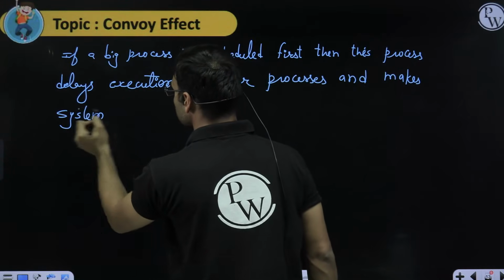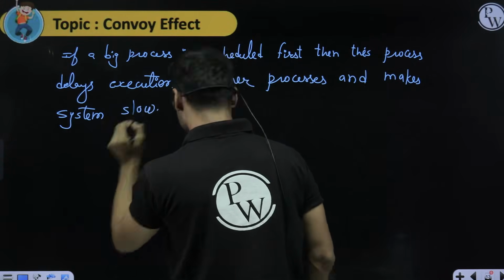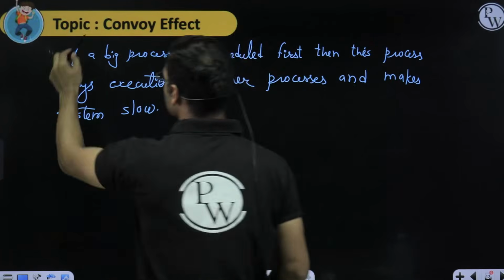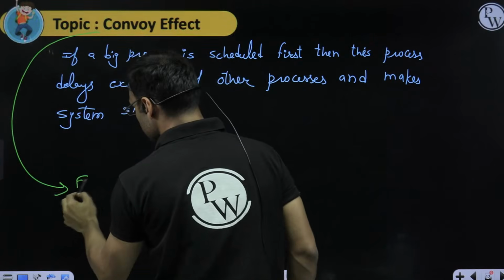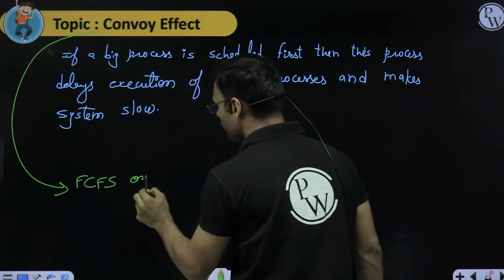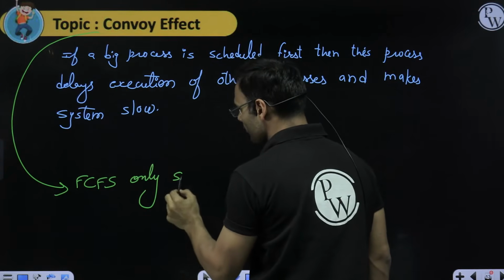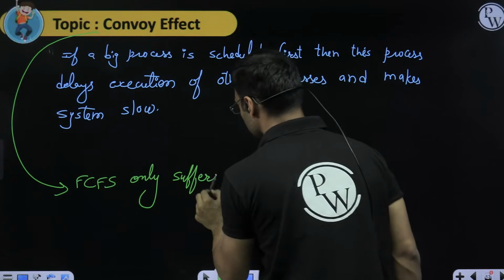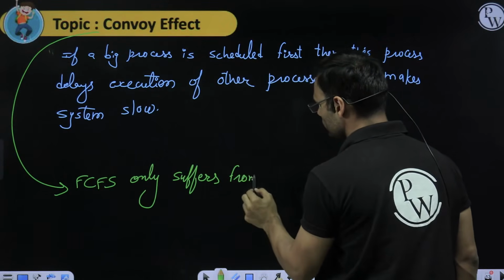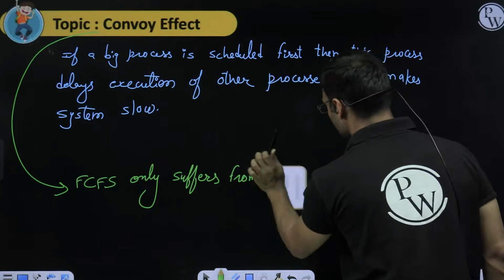That is called as convoy effect, and this convoy effect only occurs in FCFS. FCFS, the only algorithm, suffers from this convoy effect.